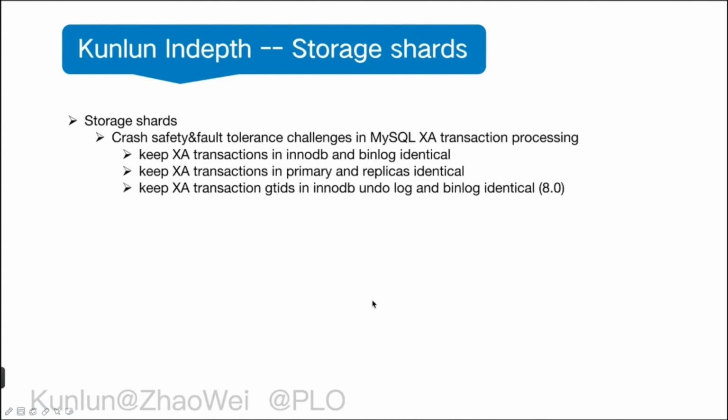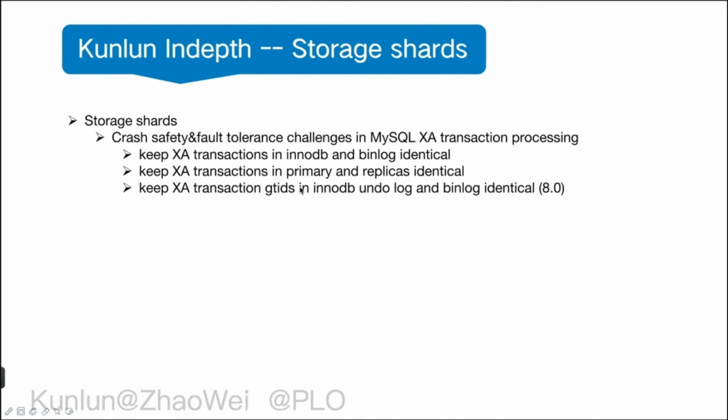Next, let's see Kunlun storage shards. The key to make global transactions crash-safe and fault-tolerant is for MySQL XA processing to keep transactions executed in InnoDB and logged in binlog identical, and also keep transactions executed and logged in a primary and its replicas identical. And in MySQL 8.0, we also need the set of GTIDs ever stored in InnoDB undo log identical to those logged in binlog.